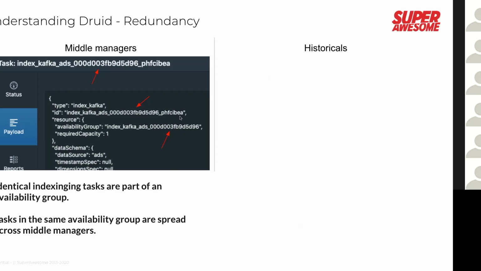And Druid would run tasks from the same availability group on different middle managers. It means that if you're indexing the same data twice in two different tasks and you lose one middle manager, the data will still be indexed and will still be available on that other task.